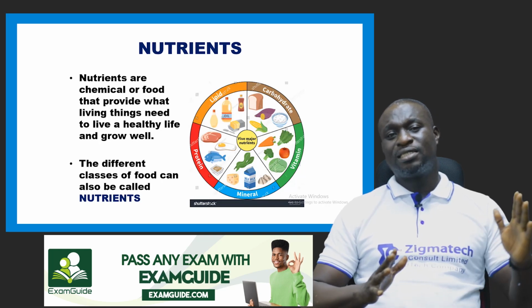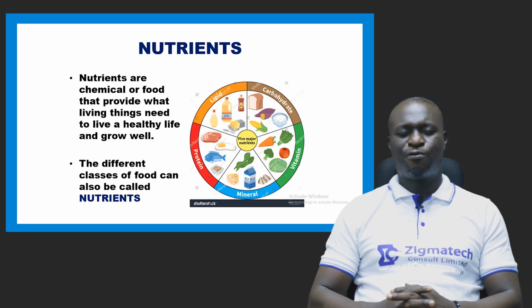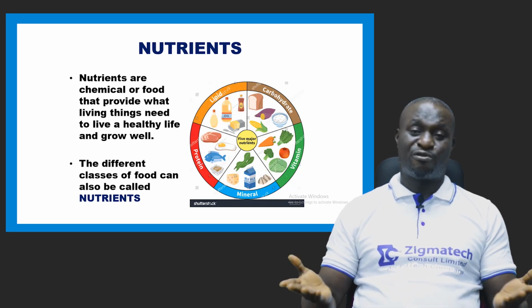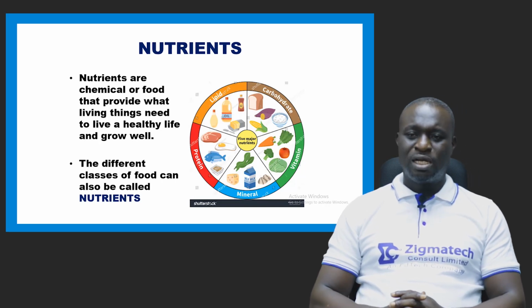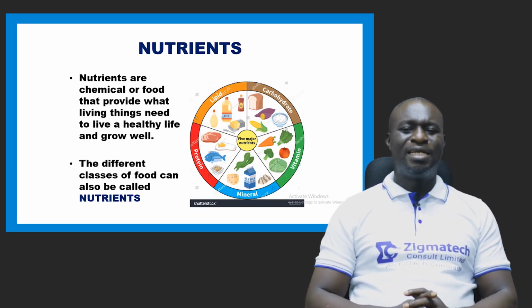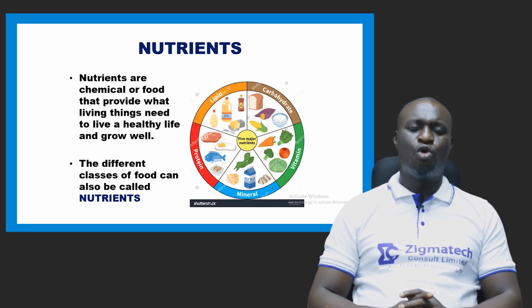Now, next is nutrients. All these things I have just mentioned, from carbohydrates down to fiber or roughages, can be referred to as the nutrients. Nutrients are chemicals or food that provide what living things need to live a healthy life and grow well.